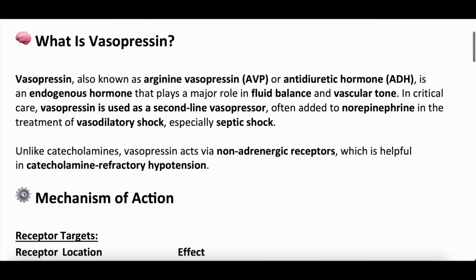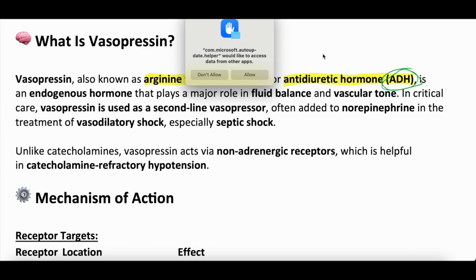What is vasopressin? Well, vasopressin is also known by two other names. Some of these may be more familiar, some of these may be less familiar. The first is arginine vasopressin, or AVP, and the second is antidiuretic hormone, or ADH. We'd assume more people would be familiar with ADH as part of many of the pathways we learn about in clinical training.